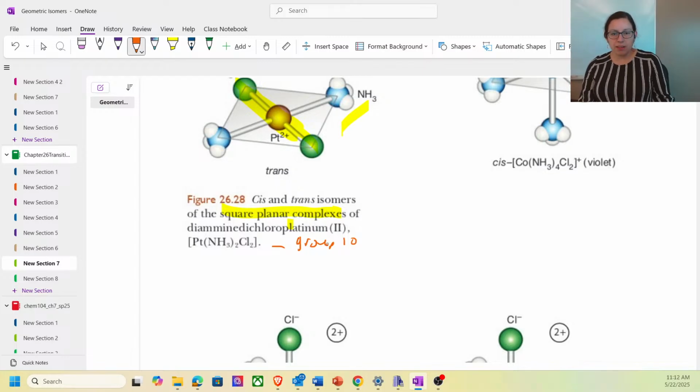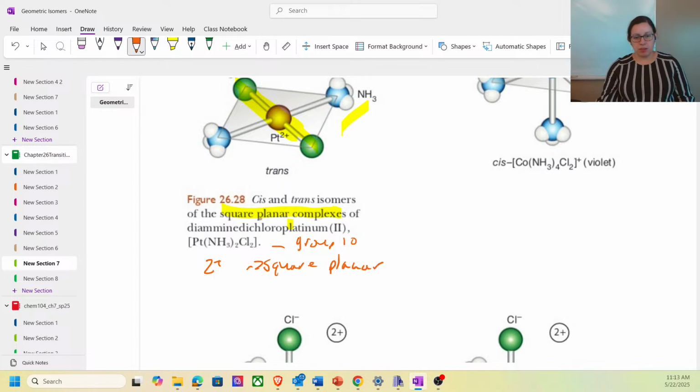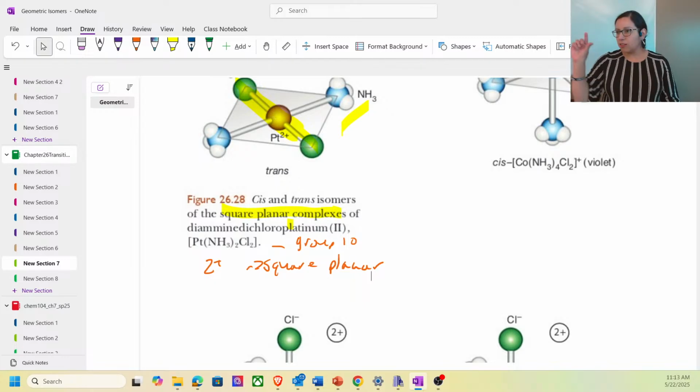It goes back to the d arrangements and what's popular. Group 10 compounds, especially in the 2+ oxidation state, do tend to be square planar. We'll get into that a little bit, because it has to do with d orbital splitting and what's favorable. That's what drives the geometry.